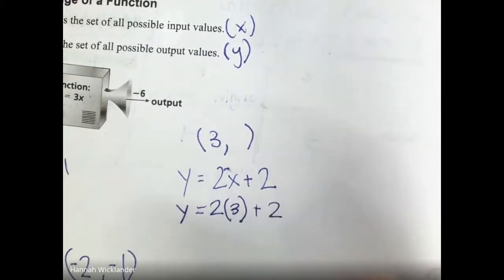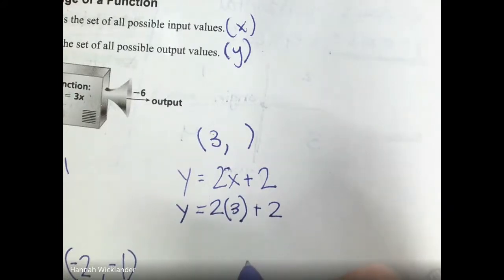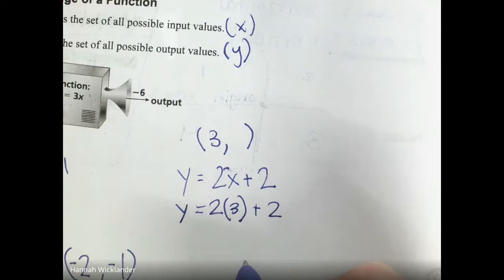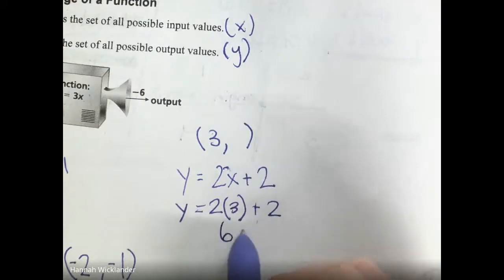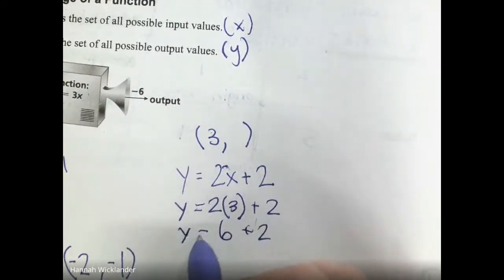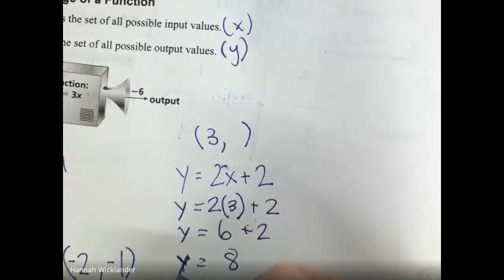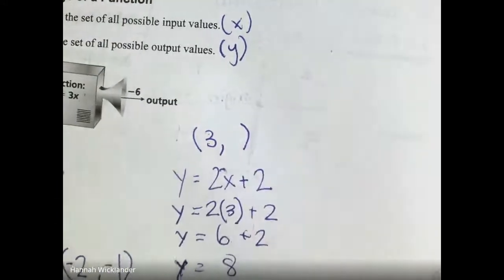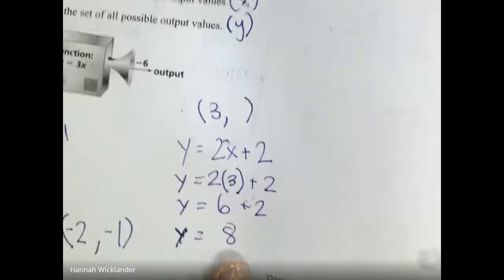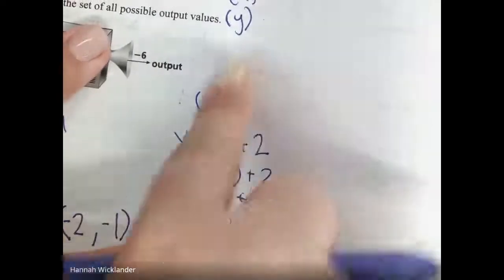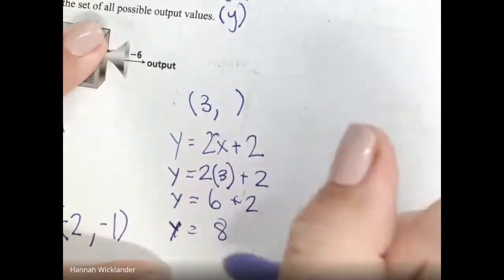So what's 2 times 3? 6, and then I bring down my plus 2, and 6 plus 2 gives me 8. So now, it tells you right here, y equals 8.